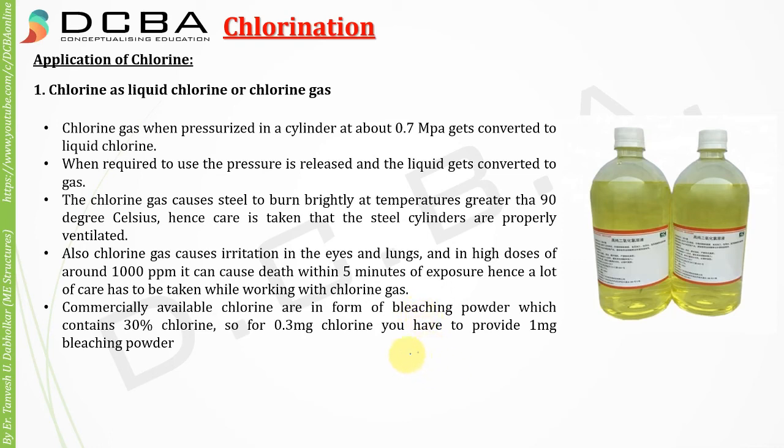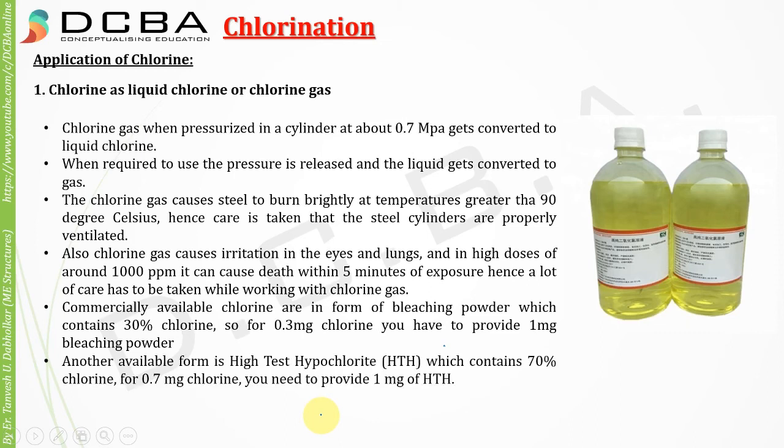So if this bleaching powder has 30% chlorine in it, and you need 0.3 milligrams, 30% of X should give you 0.3 milligram. So that X comes out to be 1 milligram, right? So that way 1 milligram of bleaching powder will give you 0.3 milligram of chlorine. This way the numerical maths is done for this.